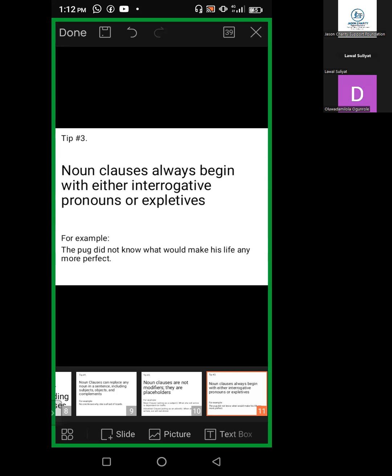From the example we have, "The pug did not know what would make his life any more perfect." The expression there is "what would make his life any more perfect." "What" there is an interrogative pronoun. So with that, we can say that that gives us a link to identify that expression as a noun clause.